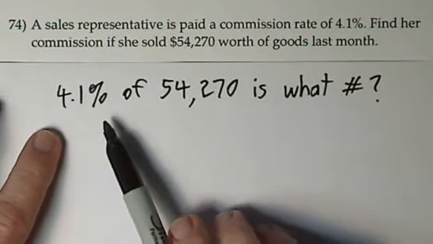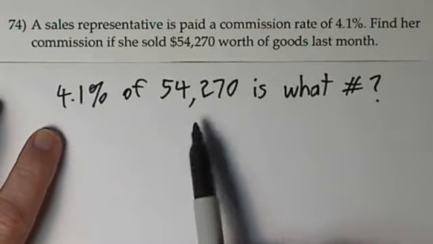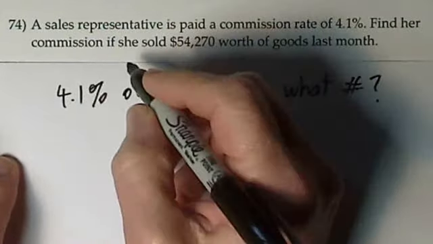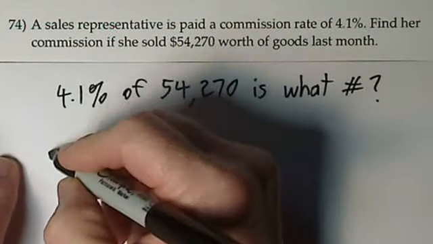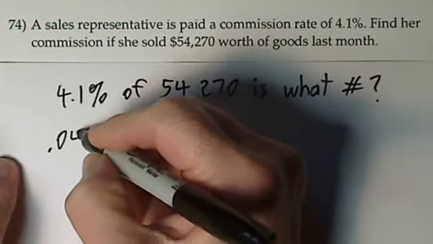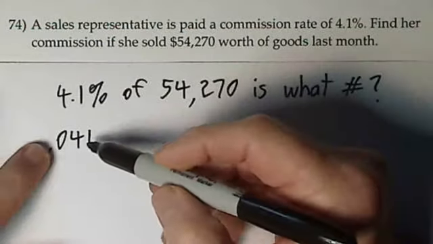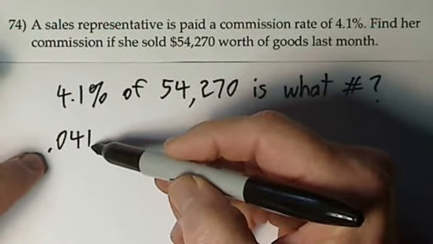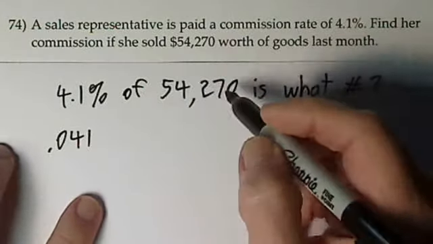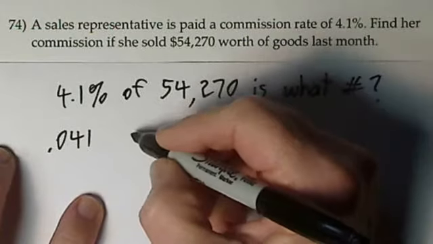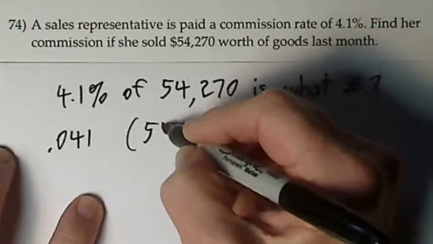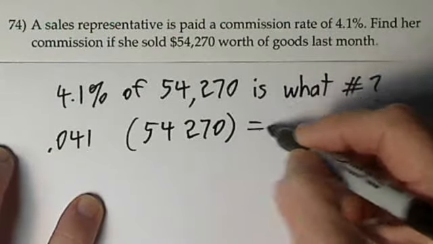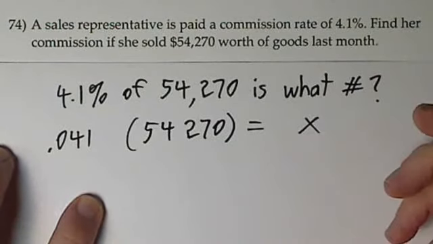So now let's just change this to an equation and solve it. 4.1%. If you want to get rid of your percent sign, the decimal goes away 2 spaces, so 0.041. This is the exact same amount, just written in a different form. Of 54,270 means times 54,270, is what number?